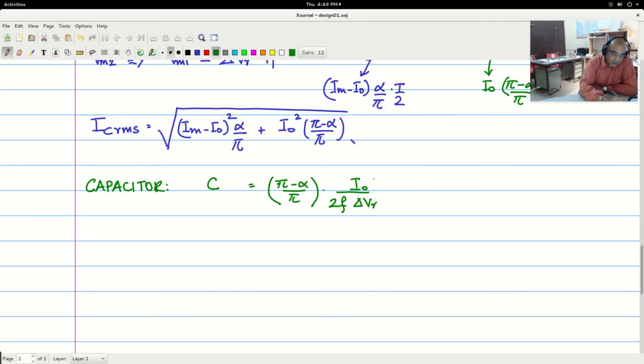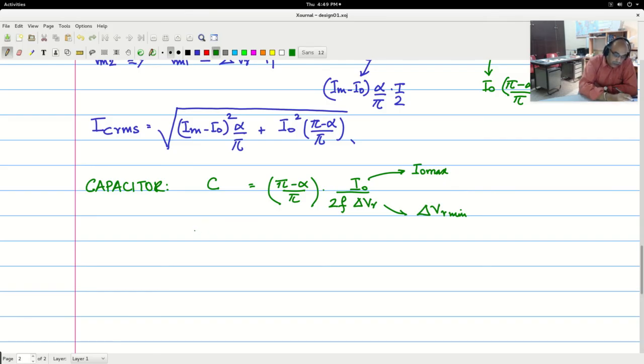So this I0 you should take I0 max, the maximum possible I0, and the minimum value of delta VR min. So under these conditions, what is the value of C that you would get? Why I am mentioning this variation is that the input voltage varies from a minimum value to a maximum value. So find out the delta VR min or whatever the worst case condition and then plug these in.